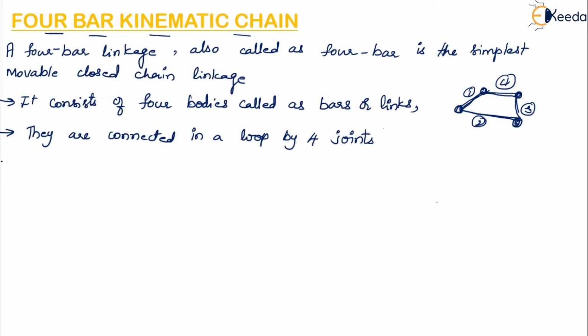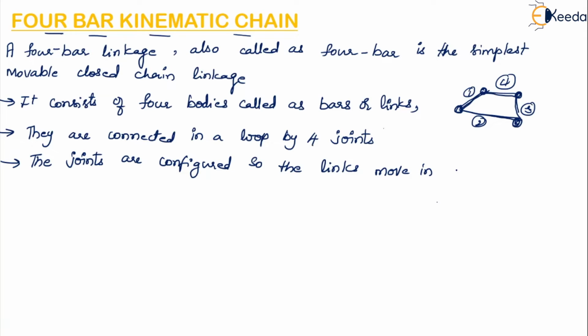So generally these joints are configured so that the links move in parallel planes. And the assembly is called a planar 4-bar linkage.